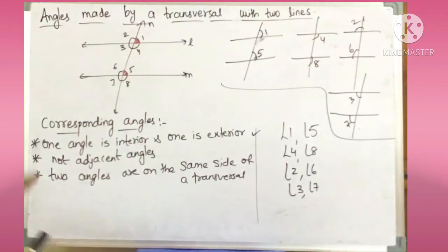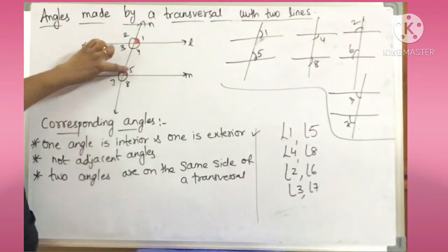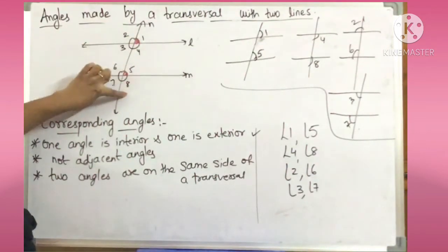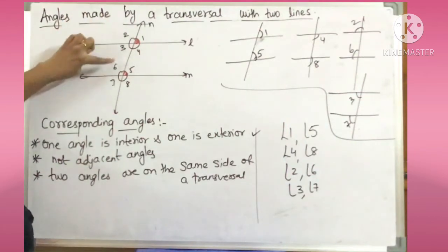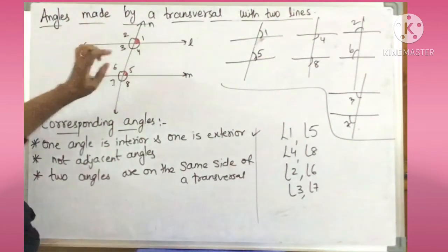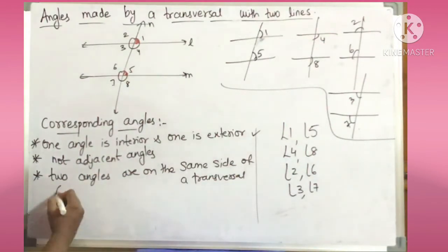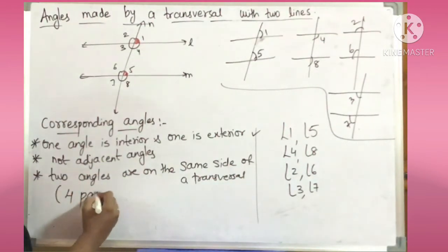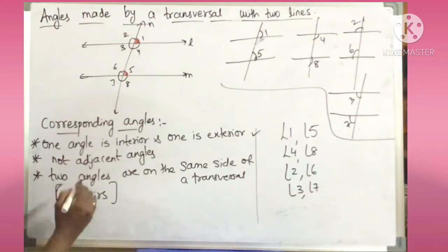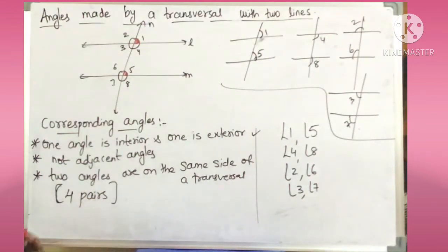So once again, angle 1 and angle 5, angle 4 and angle 8, angle 2 and angle 6, angle 3 and angle 7 are the 4 pairs of corresponding angles. So totally how many pairs are you going to get? Total 4 pairs of corresponding angles you are going to get when a line intersects 2 or more lines.